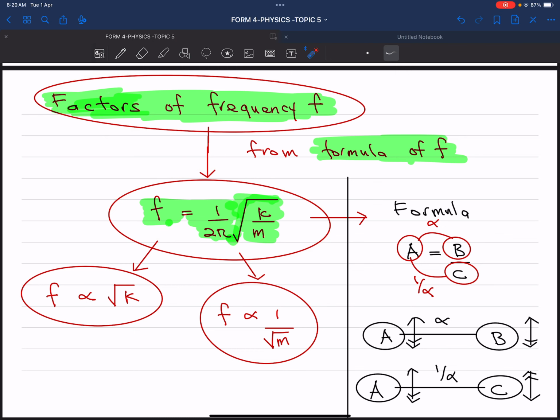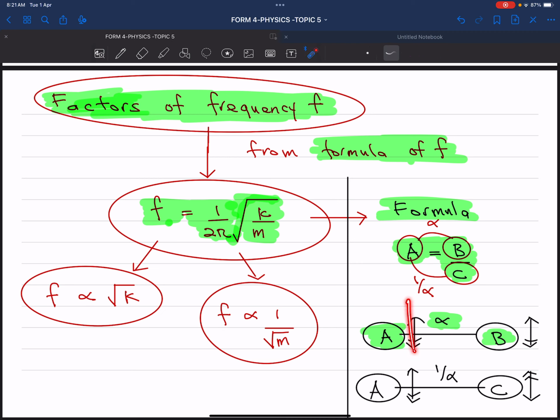Now, before that, I do some revision. In any formula in physics, for example A equals B over C, where A, B, C are physical quantities, up and up is directly proportional. Up and down is inversely proportional. What is the meaning of A and B directly proportional?